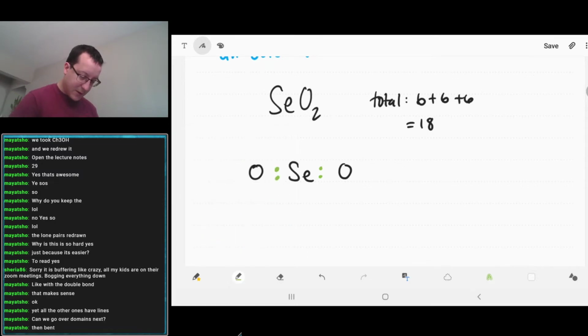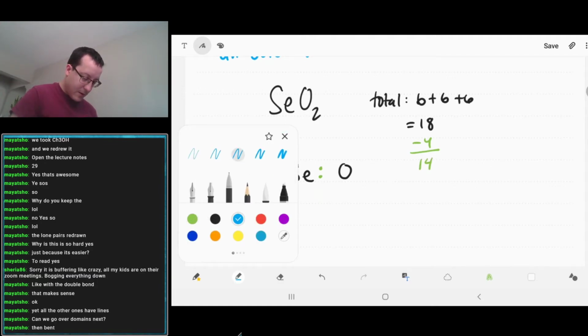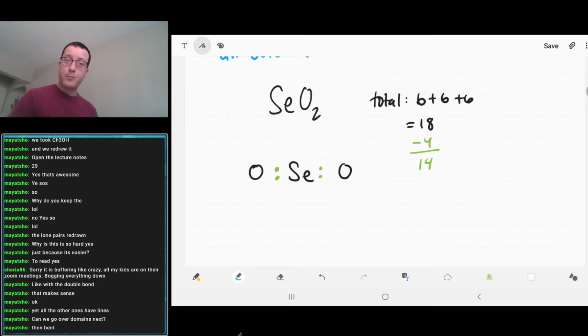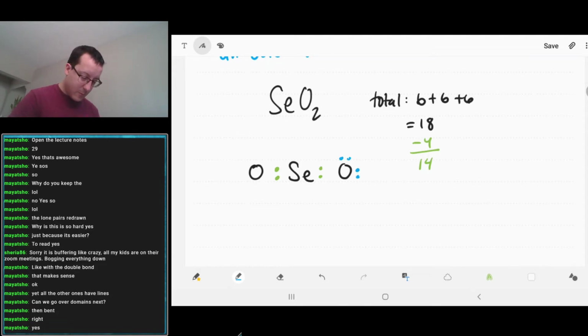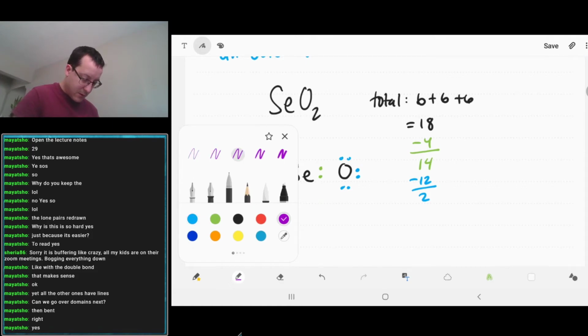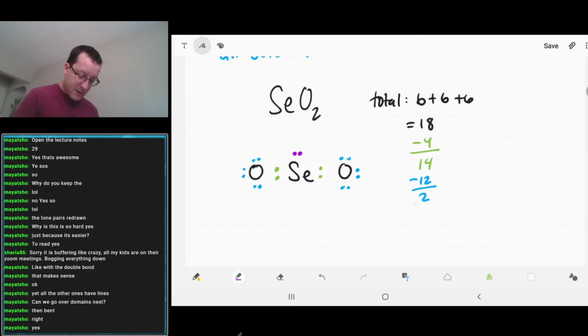So for the green electrons, we have used 4 of them. Next step is to add lone pairs to the outer atoms, right? So we'll do that. So we have just used 12 electrons. We have 2 left. So we're going to add the last 2 to the central atom.